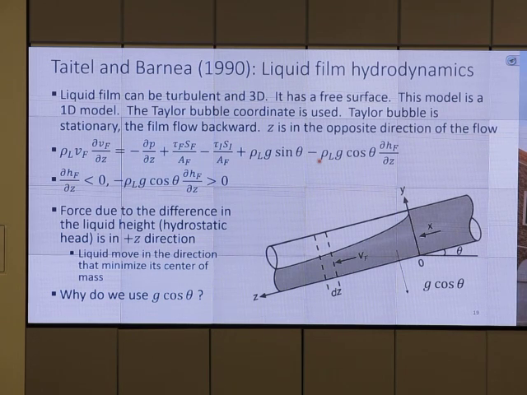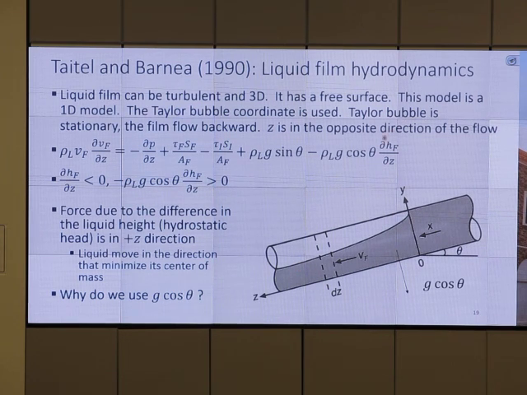If you read the original paper, in the last two years I had students read the original paper and try to revise it. But this year, let's skip it. So we have force due to the difference in the liquid height, hydrostatic head, in the positive z direction. This height is higher than that height.